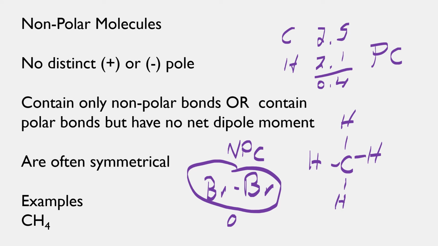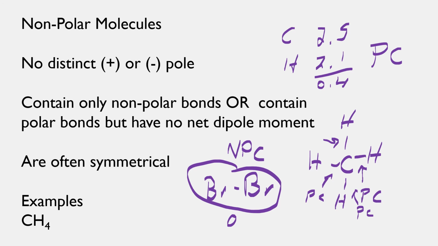So this bond right here is a polar covalent bond in which the carbon would be slightly positive and the hydrogen would be slightly negative. This bond is polar covalent. This bond is polar covalent. And this bond is polar covalent. So what you have is you have all polar covalent bonds in here.